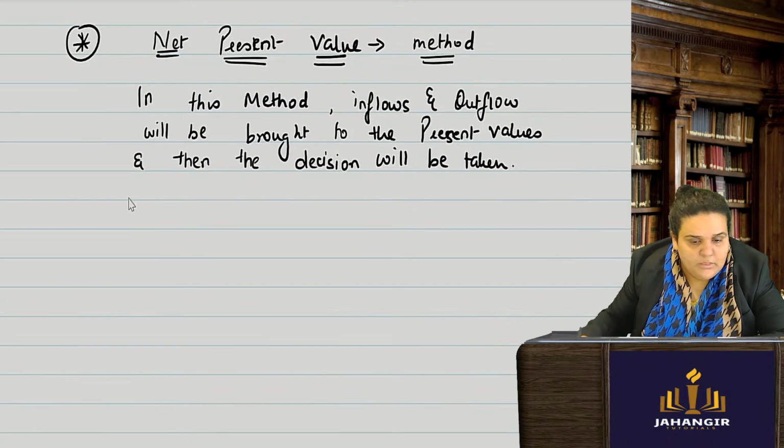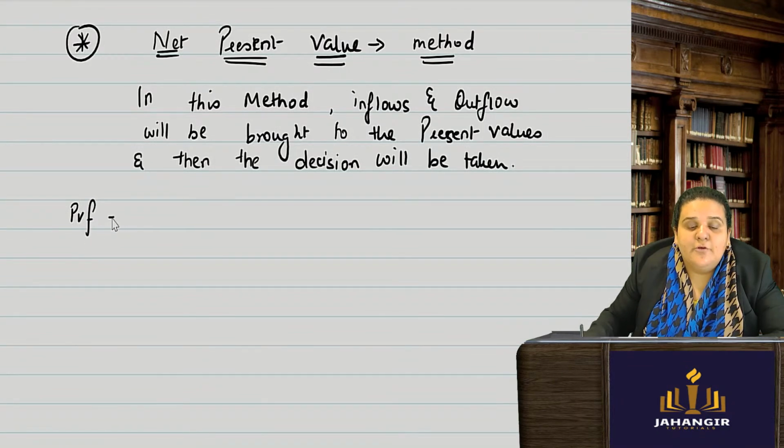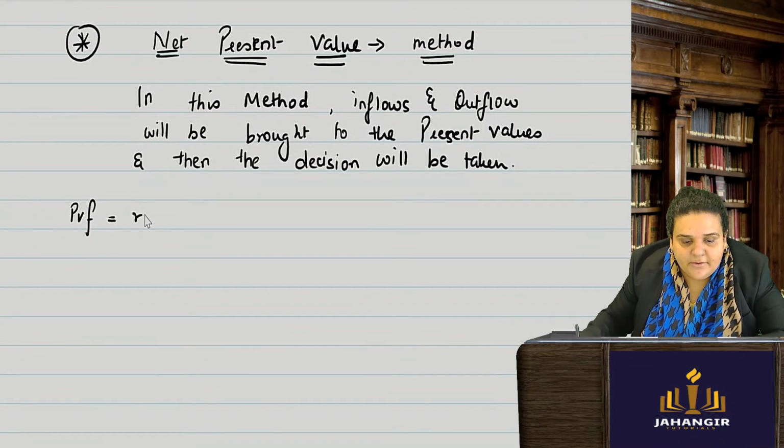How do we bring these inflows or outflows to present value? Now they have given me in my sum the PV factor, present value factor, that means your rate of interest or discount factor, same thing. It is given at the rate of 10%.